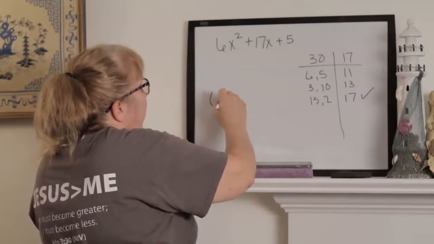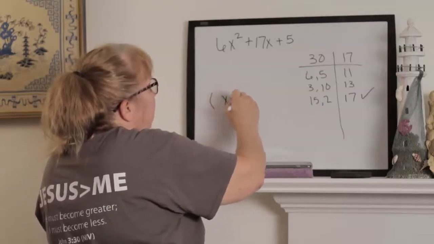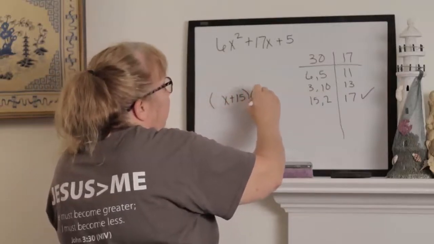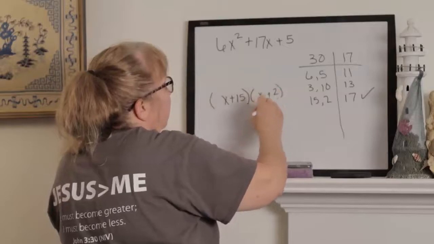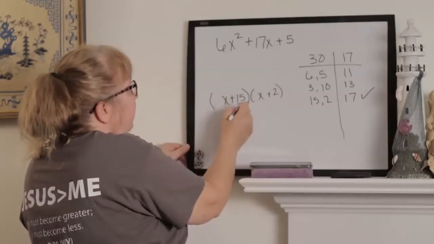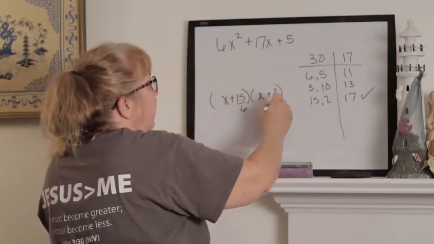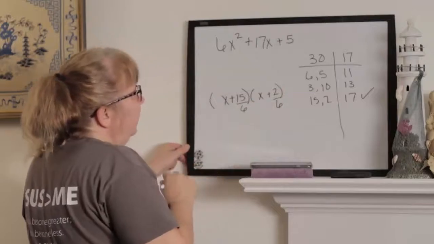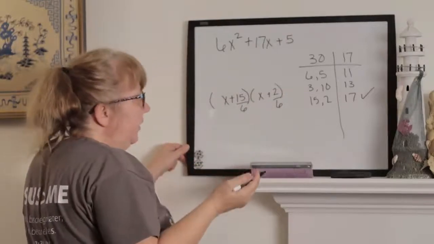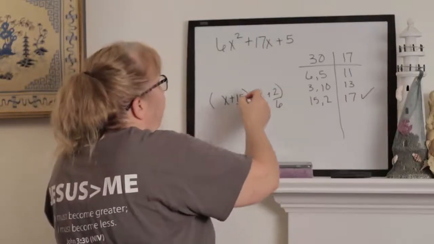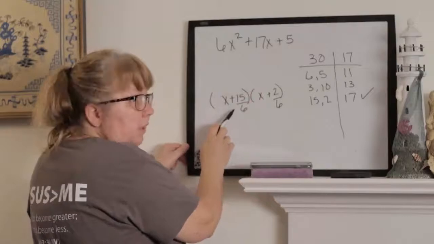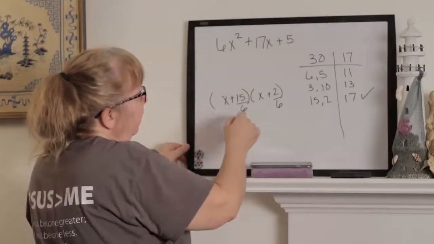So I'm going to take x plus 15 times x plus 2. And then remember, I have to divide the numbers by a, which is 6, and then I'm going to reduce them if I can. Well, I can reduce 15 and 6 because 3 goes into both of those.